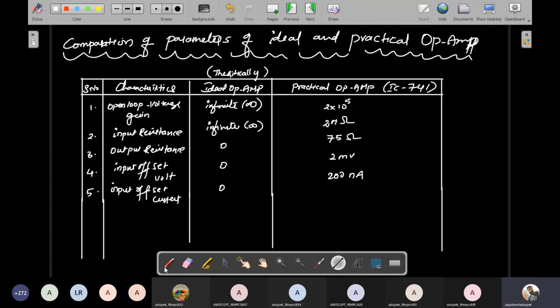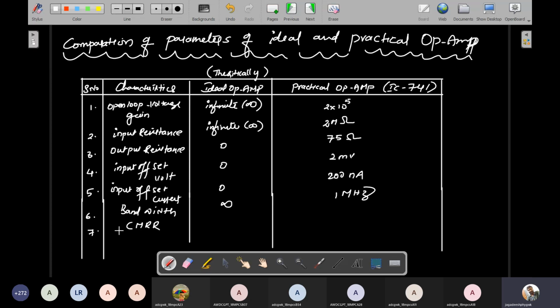Okay. And the sixth parameter is bandwidth. Theoretically, it shows infinite bandwidth, but practically it is 1 megahertz. And the seventh important point is CMRR.